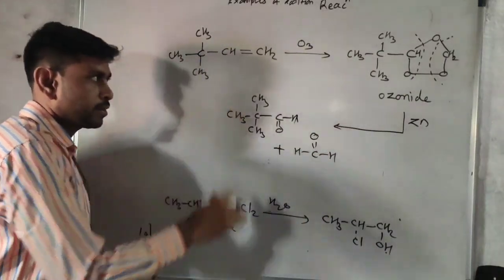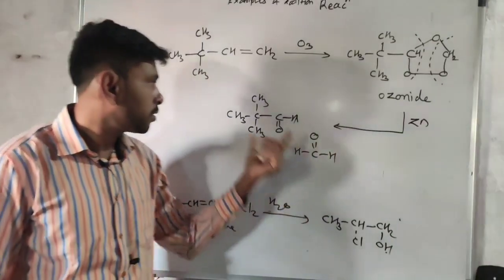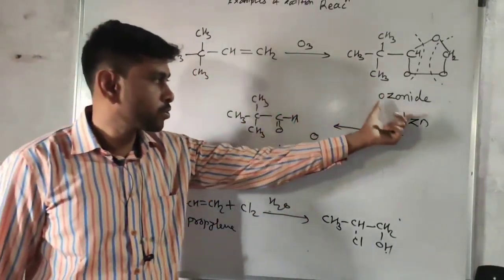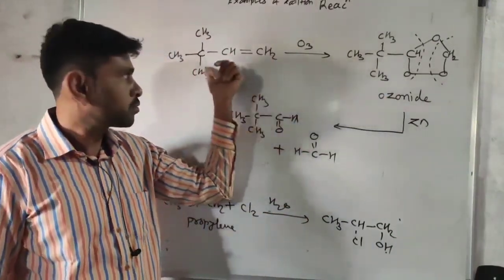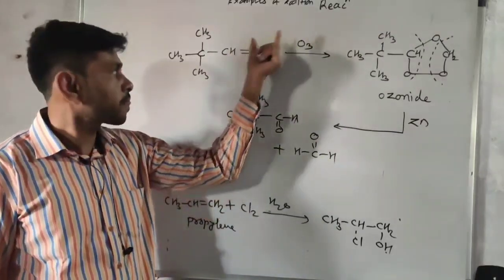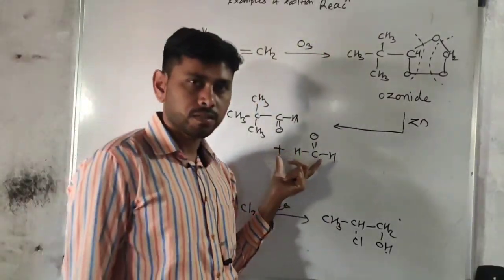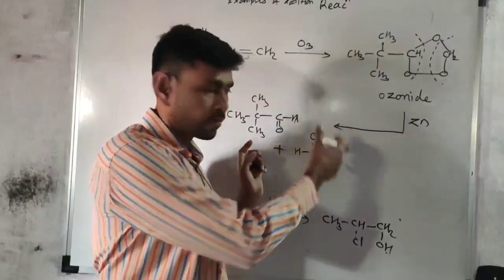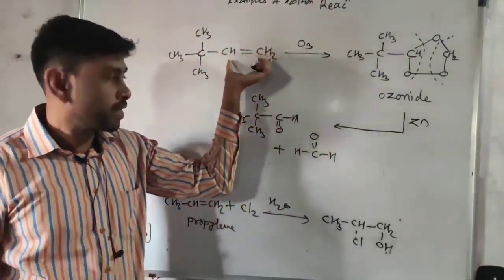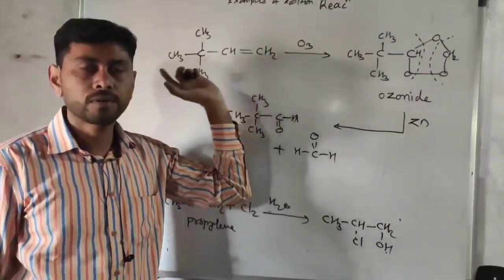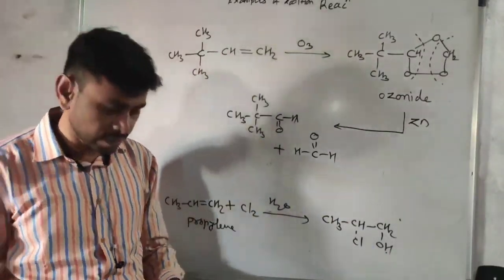So this is addition and breaking of ozonide reaction, breaking of ozonide by using a reagent. So this is one type of addition reaction where ozone gets added across the double bond, and we get these products that we'll see later. But this reaction is an example of addition reaction.